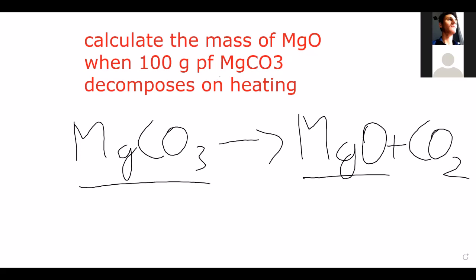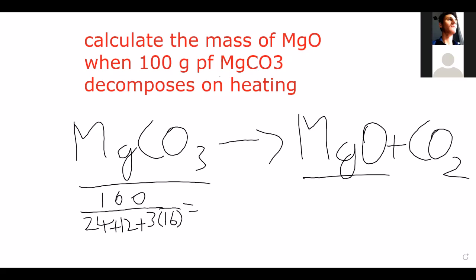So we'll first find the moles of MgCO3, that is 100 upon the mass of magnesium, which is 24, the mass of carbon, which is 12, and the mass of oxygen, which is 16.